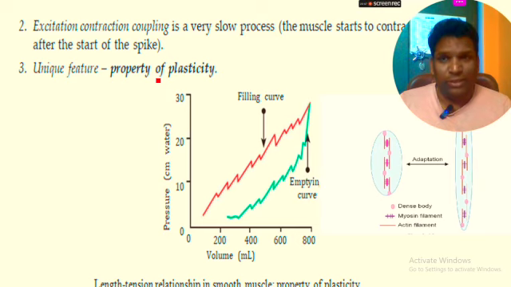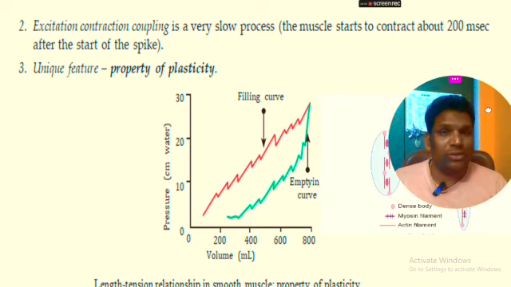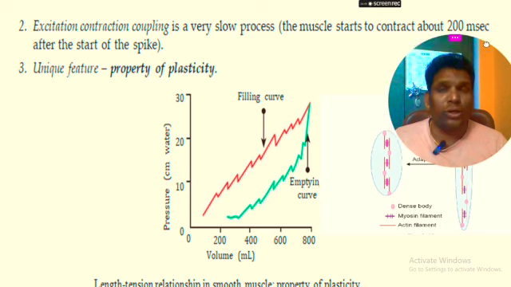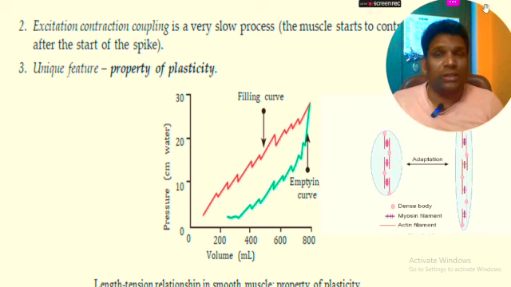So it is a very delayed process compared with the skeletal muscle. So when you talk about excitation contraction coupling, here it is slow, as I already told you. A unique feature here is the property of plasticity.